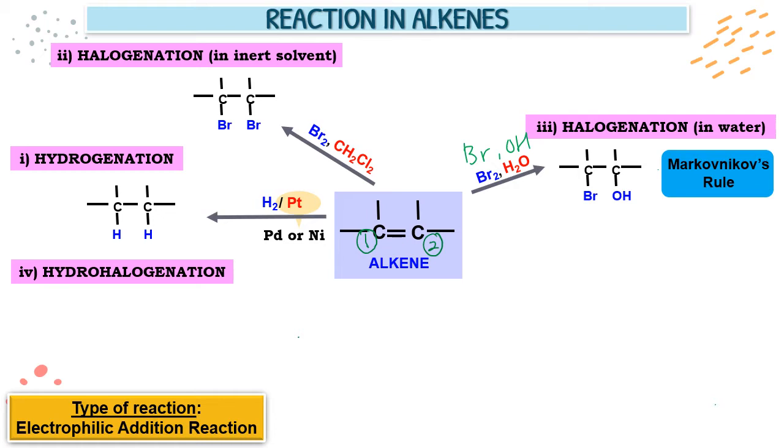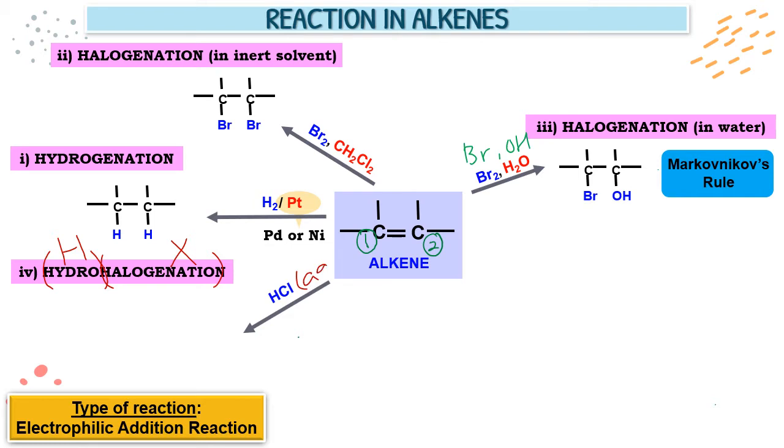hydrohalogenation. By the name itself, hydro meaning we are adding hydrogen, halogenation, we are adding X, meaning our halogen, either bromine or chlorine. For this example, I'm adding HCl, which is an aqueous solution.